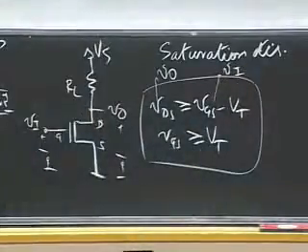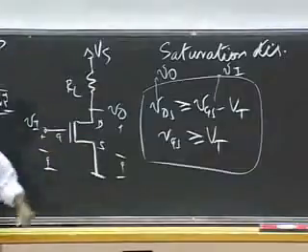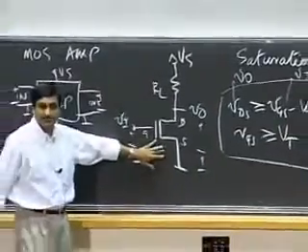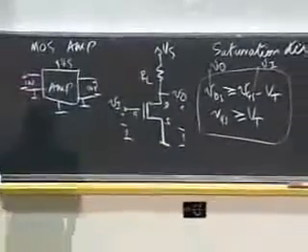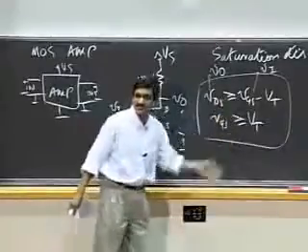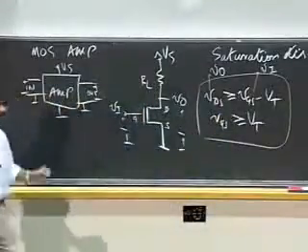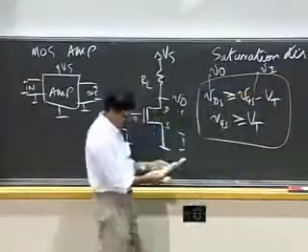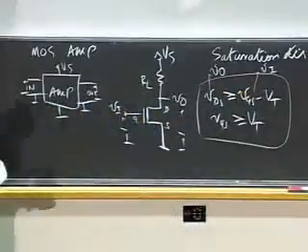So if you see me blithely jumping back and forth using VOs and VIs, or VDSs and VGSs, they're the same thing in this circuit. If you're dealing with circuits with many MOSFETs, then you will have VDS1s and VGS1s and so on and so forth. But for this simple circuit, V0 and VDS are the same, VI and VGS are the same.